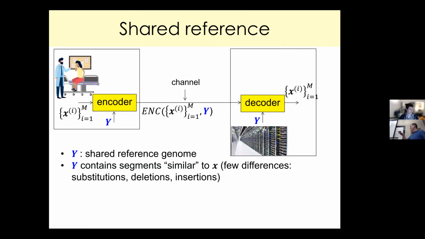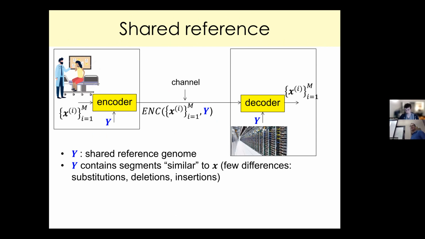So just to go back to the communication setting, with a shared reference, the traditional solution, we have a Y given both to the encoder and the decoder. The compressor, the encoder, uses Y in the function, and the decoder also uses the same Y, and then it can recover this batch of reads that we had in the input.